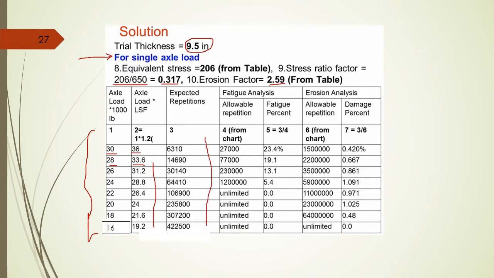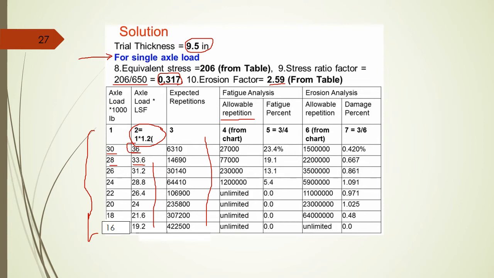Now we need to obtain the allowable repetitions using the graph. Knowing the axle load multiplied by load safety factor and the stress ratio of 0.317, I can calculate the allowable repetitions for each axle type and load.